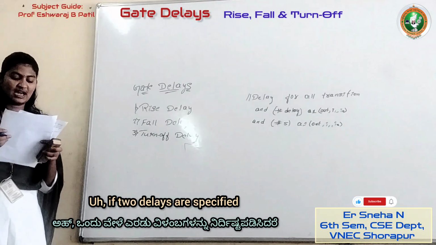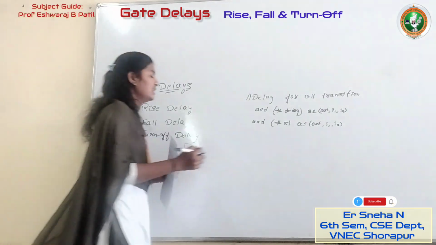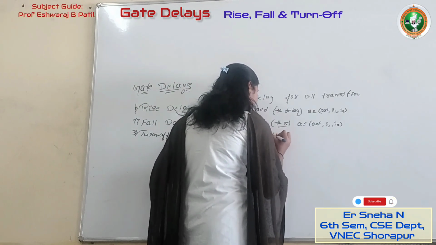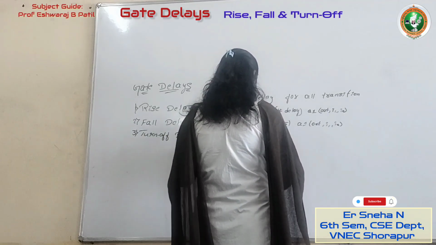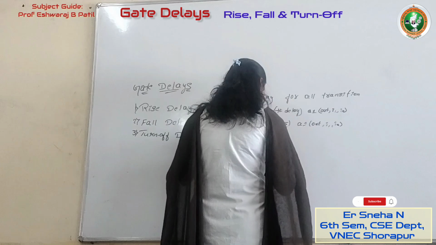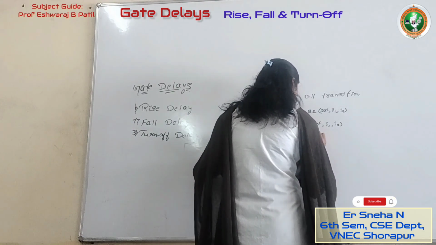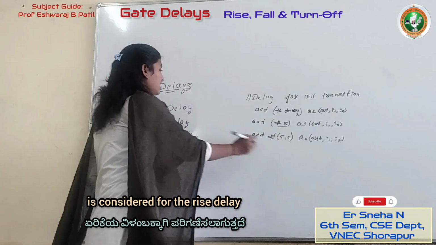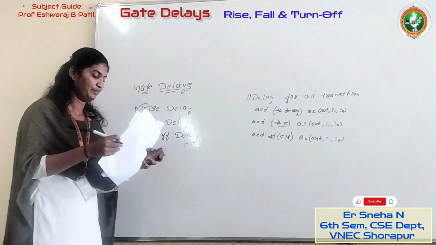If two delays are specified, they refer to the rise and the fall delay. Instead of only 5, if we use another value, the first is considered for the rise delay and 4 is considered for the fall delay.